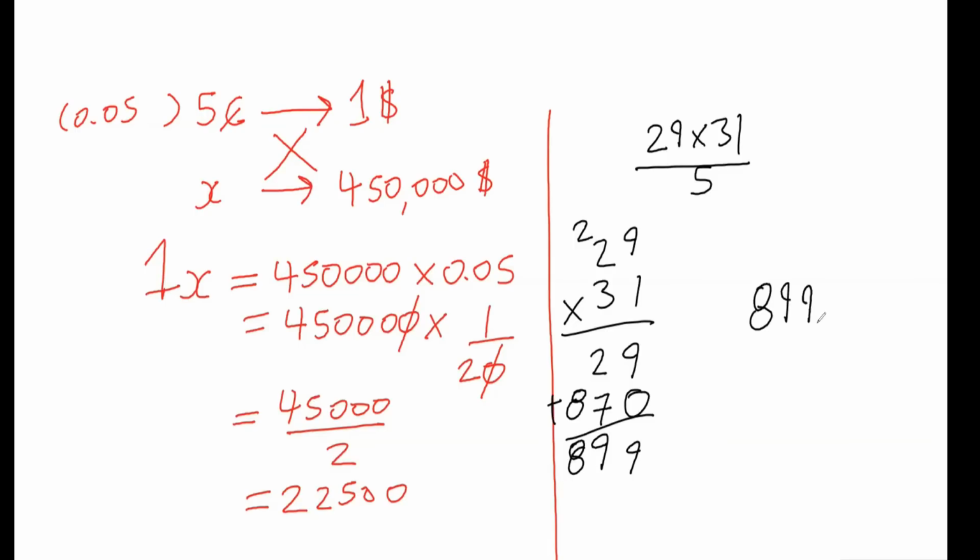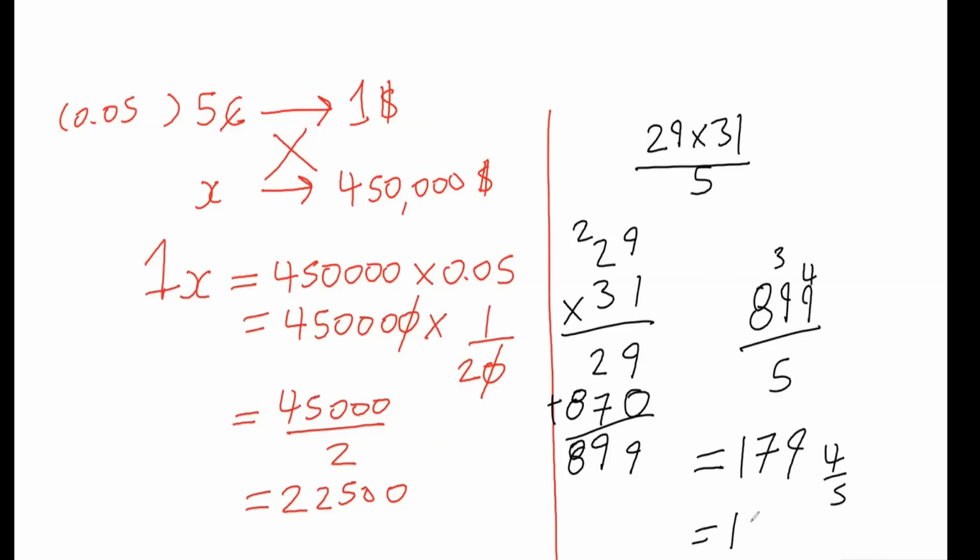So 899 divided by 5. What's 899 divided by 5? 8 divided by 5 is 1 with a remainder of 3. 39 divided by 5 is 7 with a remainder of 4. 49 divided by 5 is 9 with a remainder of 4 over 5.